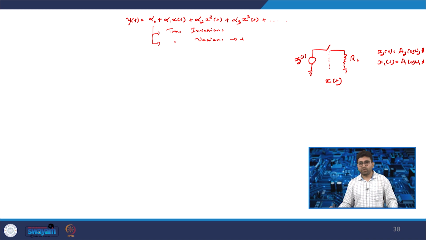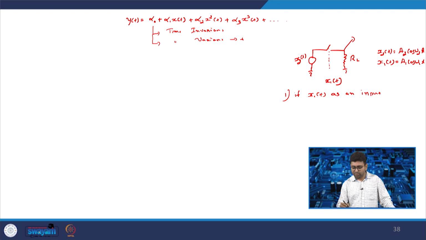Now, we will take two cases. If we consider x1(t) as an input, then because the switch is switching on and off, your output is varying with time. So, then your system is time variant.